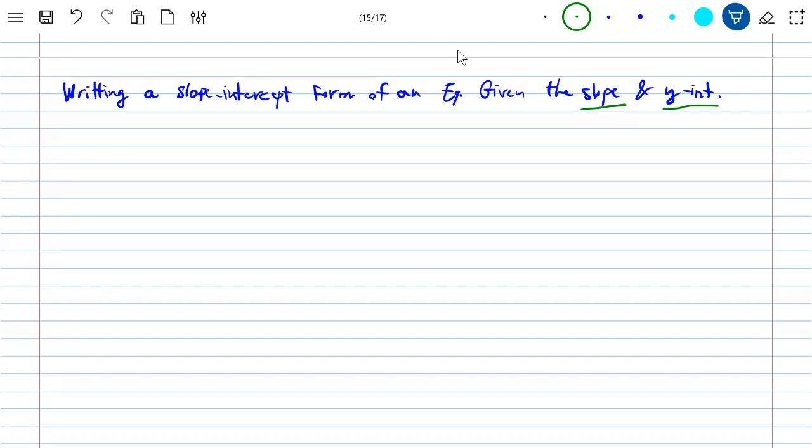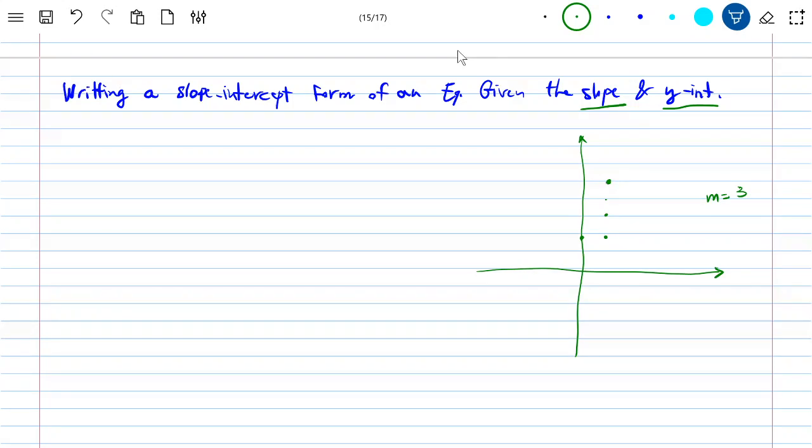If you remember last time, I said that if you have the y-intercept, the point where you cross the y-axis, and the slope, for example 3, then you can graph the line. I'll move 1 unit right, 3 units up.